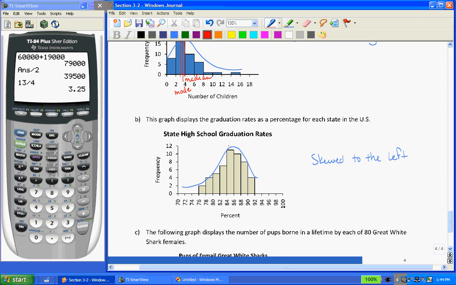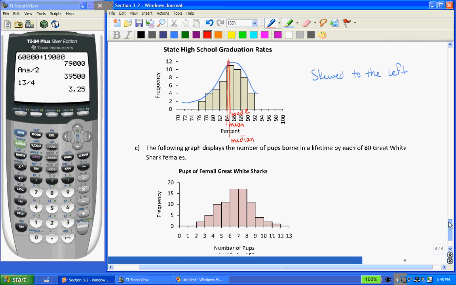Again, our mode is whichever one is the highest right here. That's our mode. But our mean is going to be pulled a little bit to the left because of the smaller values, and the same thing for the median. Now it's best usually to calculate these from scratch, but just want to show you kind of a trend of what happens whether we're skewed to the left or skewed to the right.